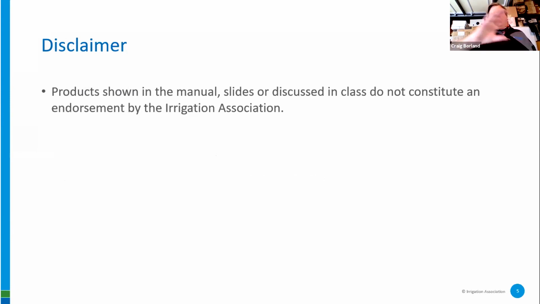As always with the Irrigation Association courses that we have put together, we rely on our manufacturers to provide us with product, for free, I guess is the best way to put it. We're looking for donations from different manufacturers. So the products we put in these classes or show on the slides are products that were donated to us.